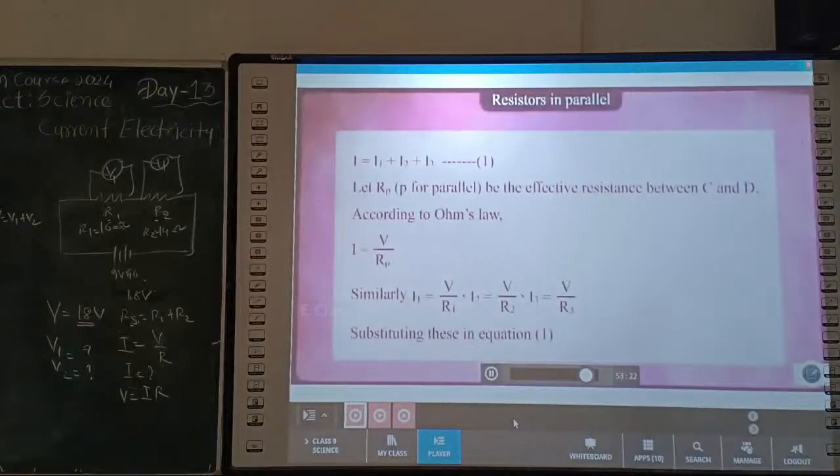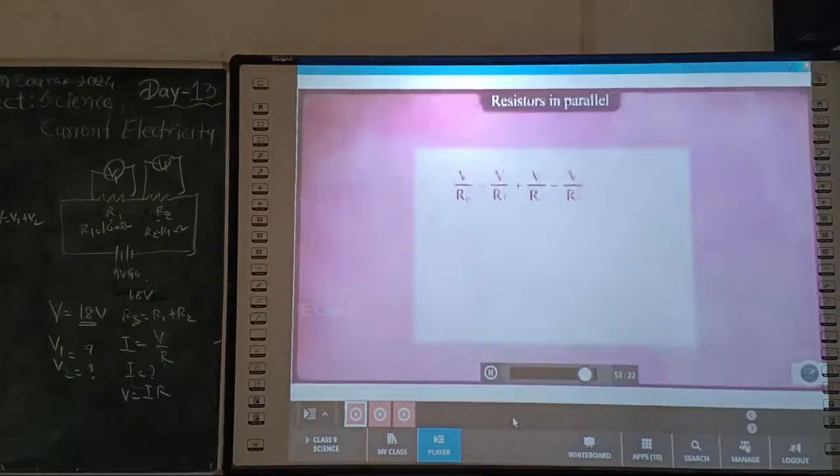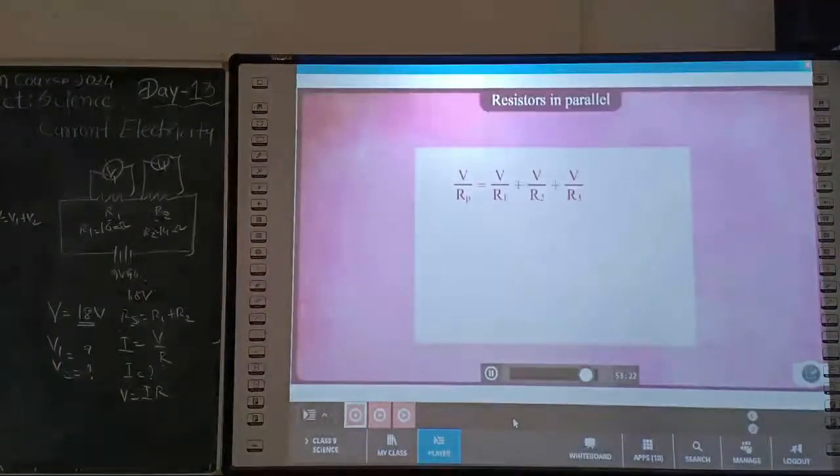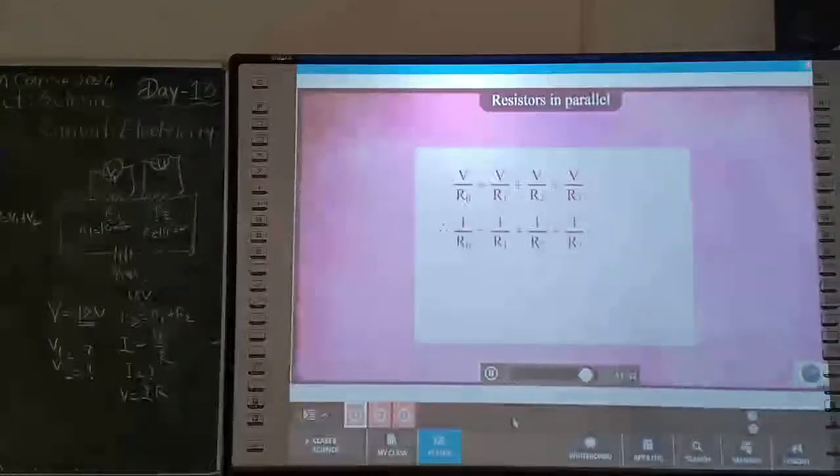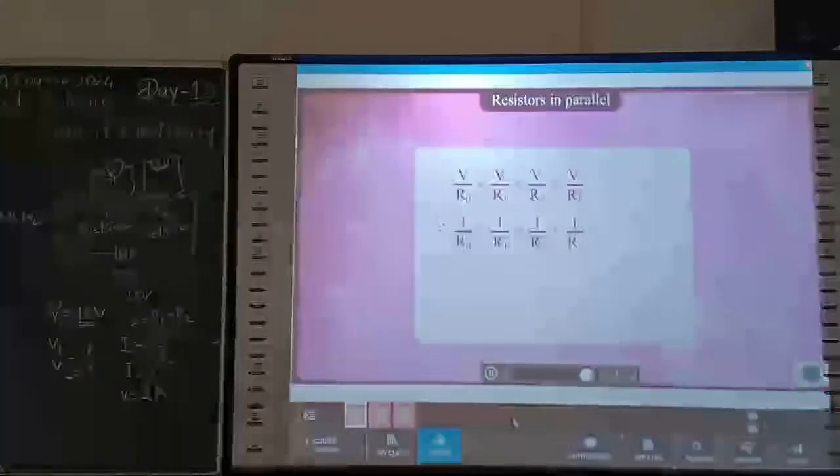Substituting these in equation 1, V upon RP is equal to V upon R1 plus V upon R2 plus V upon R3. Therefore, 1 upon RP is equal to 1 upon R1 plus 1 upon R2 plus 1 upon R3.